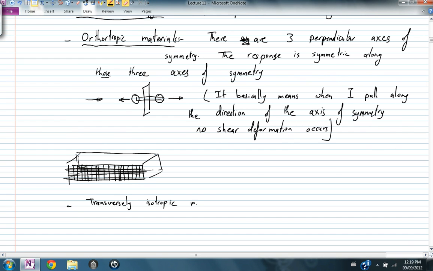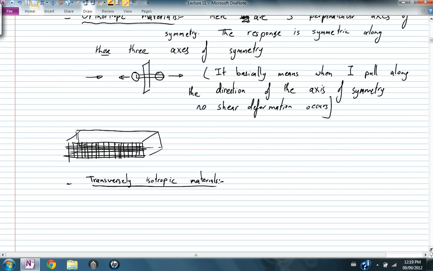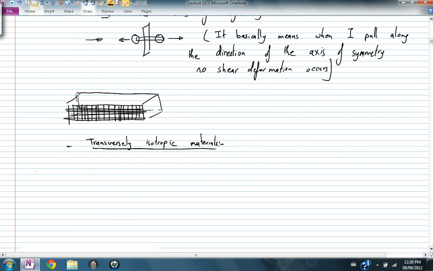Transversely isotropic materials are those that have an axis of symmetry where there is a certain stiffness for this material. For example, it has fibers along a certain direction, so there is a certain value for the stiffness along a certain direction, but in any direction perpendicular to that, the response is the same.